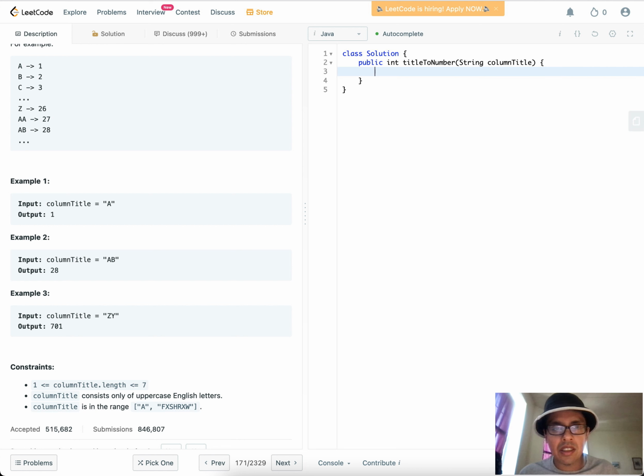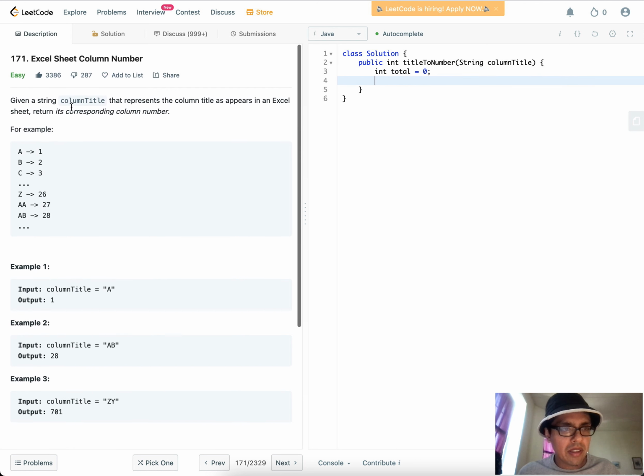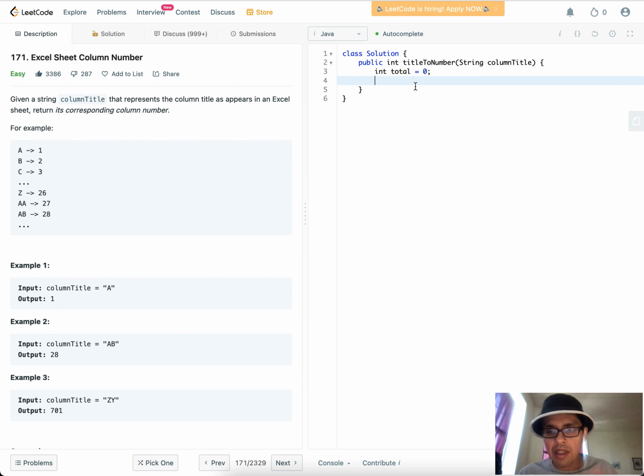So let's try to code this up. First we have a total number that we want to return, right? This is our result. And what I'm going to do is loop through these strings, and then apply the formula to the total value. So if I say i equals 0, while i is less than columnTitle.length, I'm looping through these strings. Now remember, we're doing a sum.